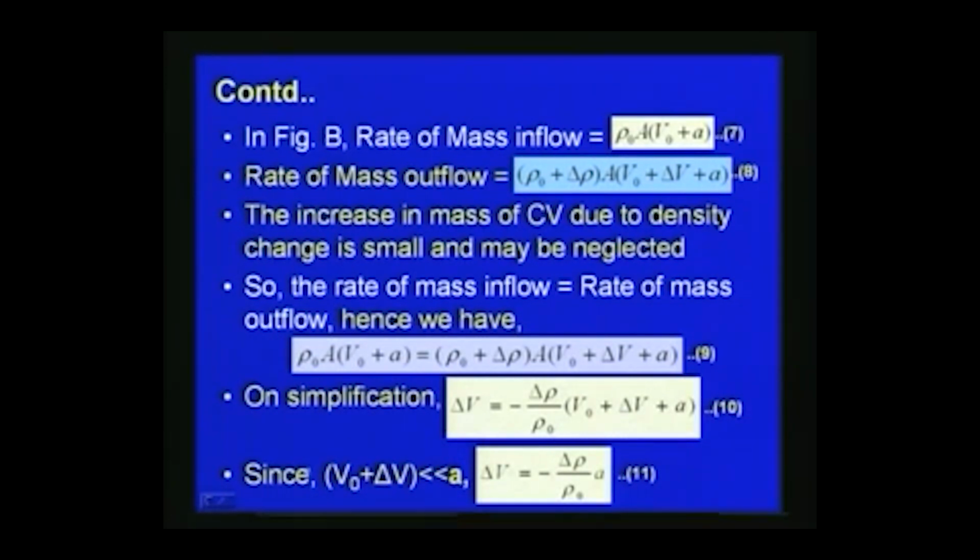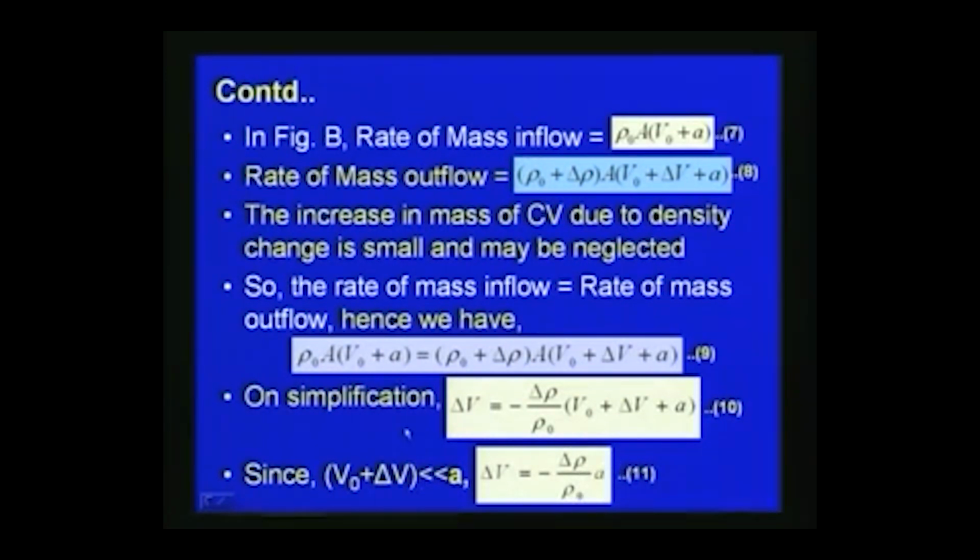Again, this V 0 plus delta V will be much smaller compared to the water hammer velocity A. So, in this relationship we can write delta V is equal to minus delta rho by rho 0 into A, as in equation number 11.